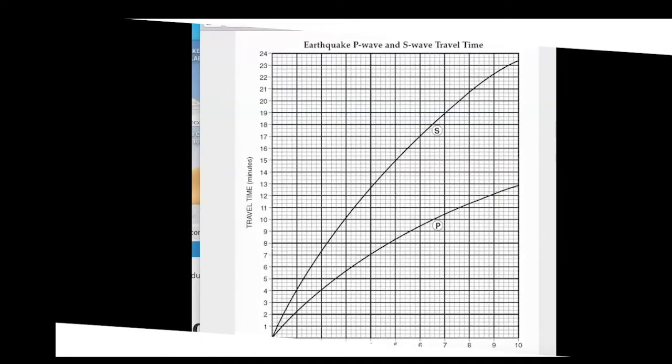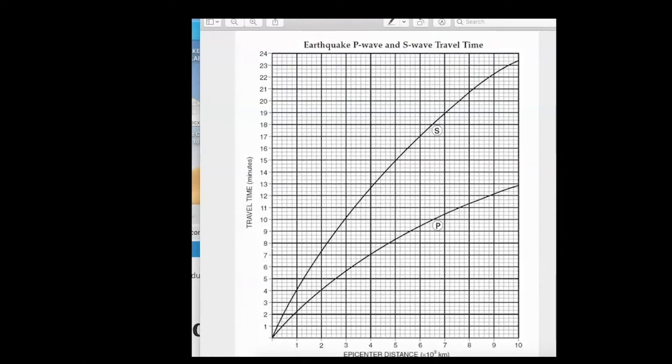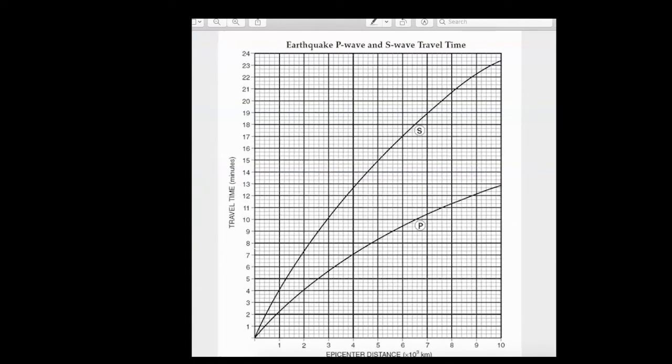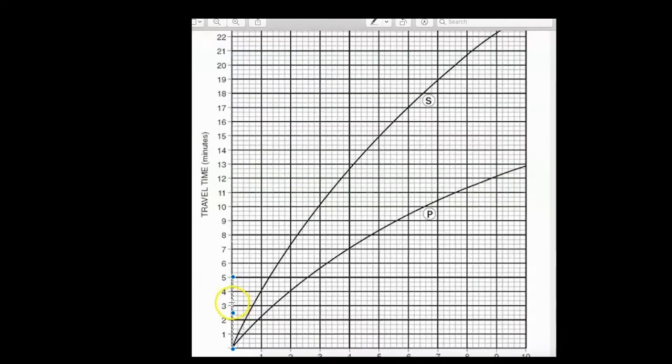So here we have the earthquake P wave and S wave travel time chart or graph. What we have to do first is figure out the epicenter distance, so how far away we are from the epicenter if we have a lag time of 5 minutes. So I go down here at 0, 0, and I'm going to create a line going up to 5. That is our lag time.